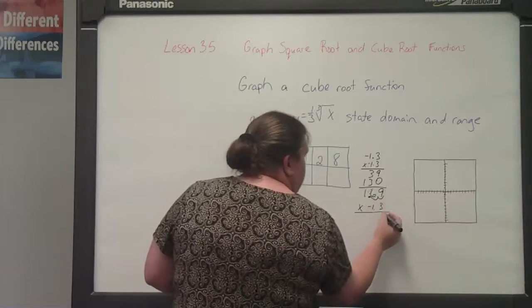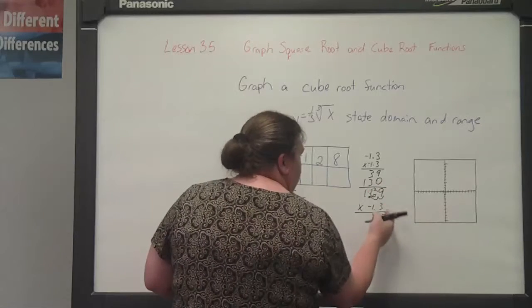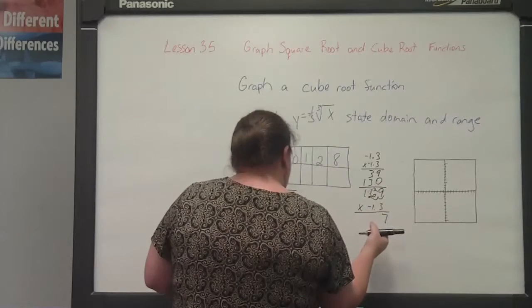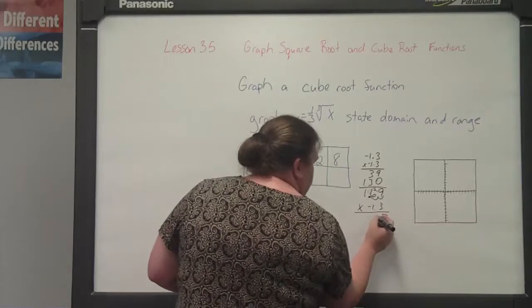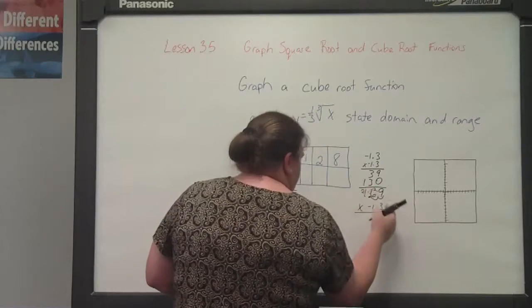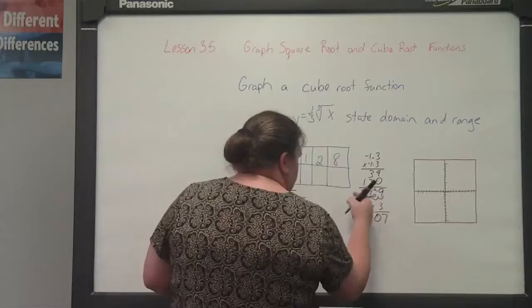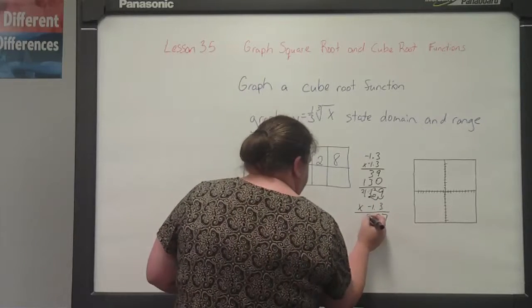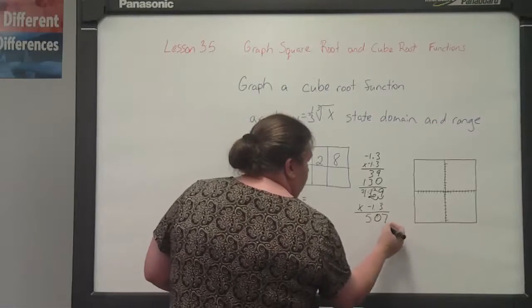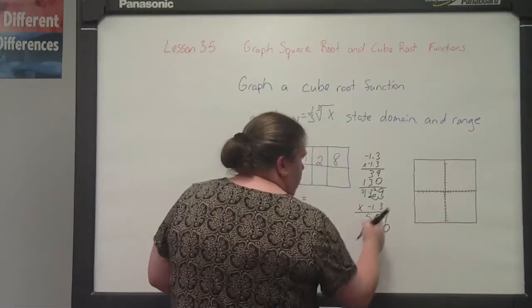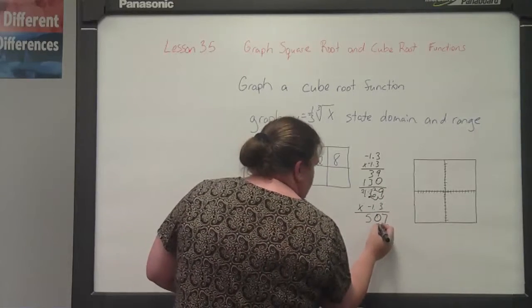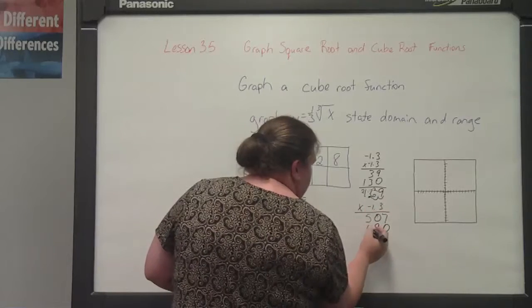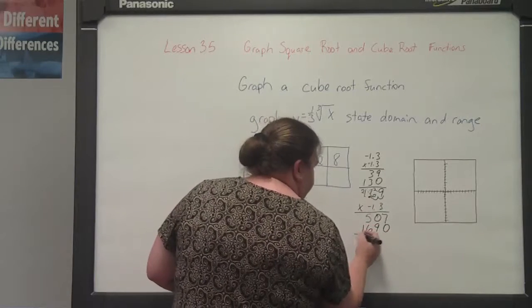So 3 times 9 is 27, carry the 2. 3 times 6 is 18 plus 2 is 20, carry the 2. 3 times 1 is 3, plus 2 is 5. And then again we start with a 0. 1 times 9 is 9. 1 times 6 is 6, and 1 times 1 is 1.